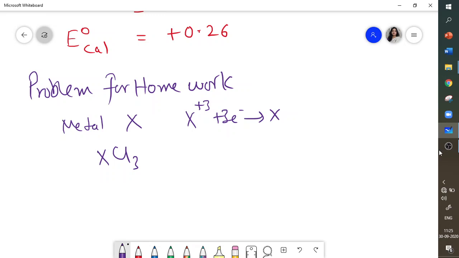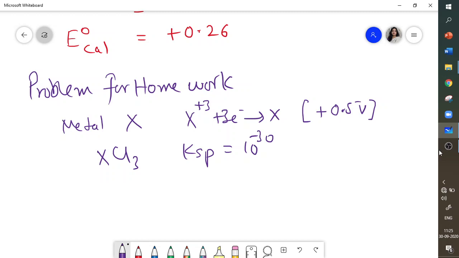This reduction potential they can give you as plus 0.5 volt. The KSP value also they can give you. The KSP value is suppose 10 to the power minus 30.